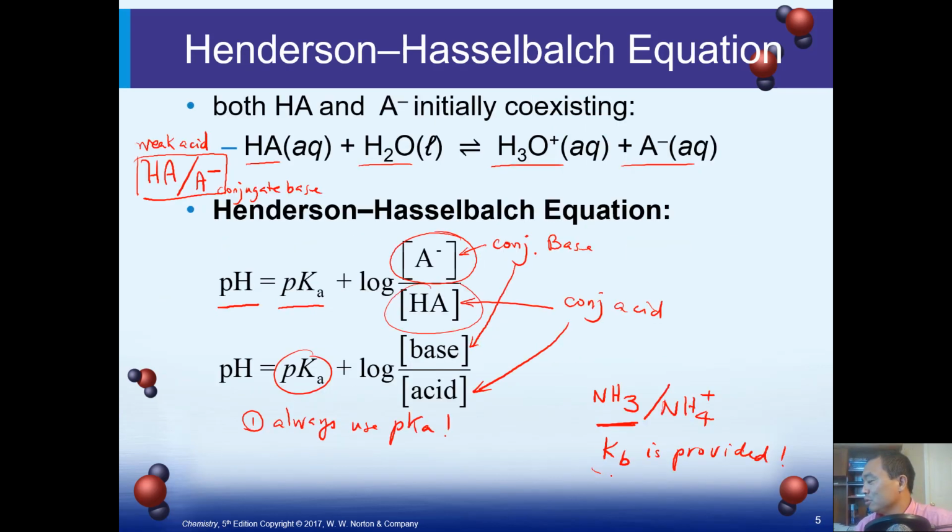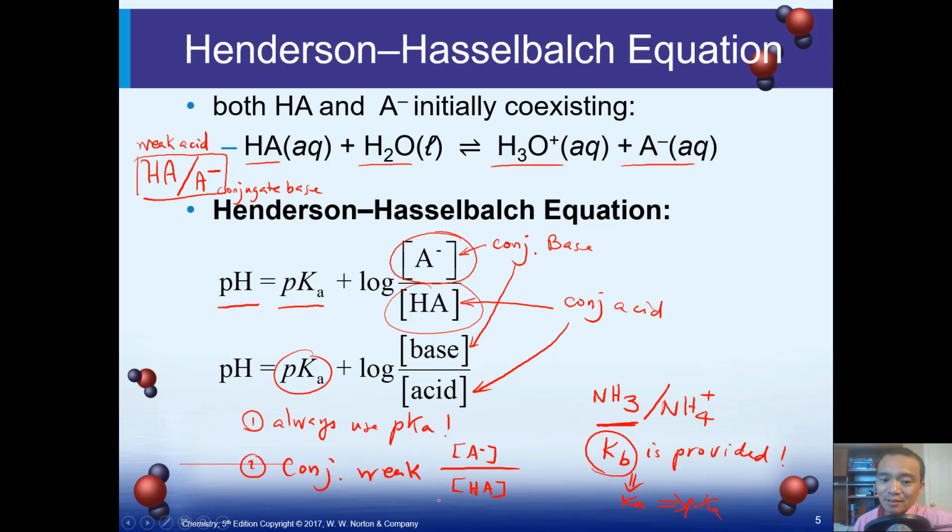So you calculate the Ka first, then the pKa. So first, always use pKa. The second, it's always the conjugate weak base over acid ratio.